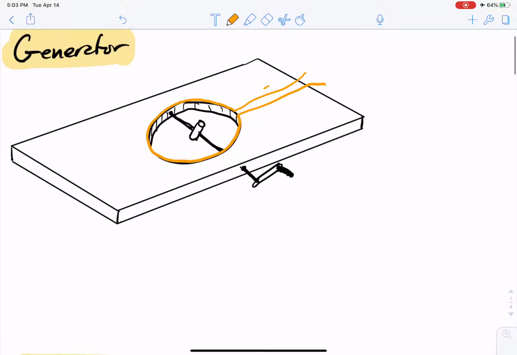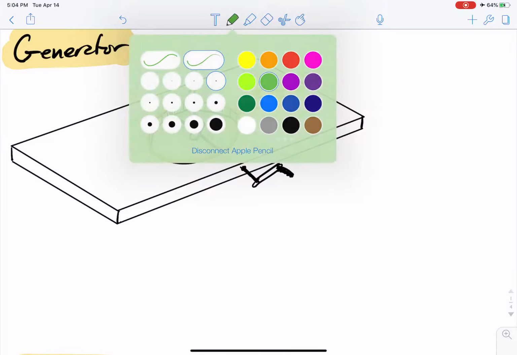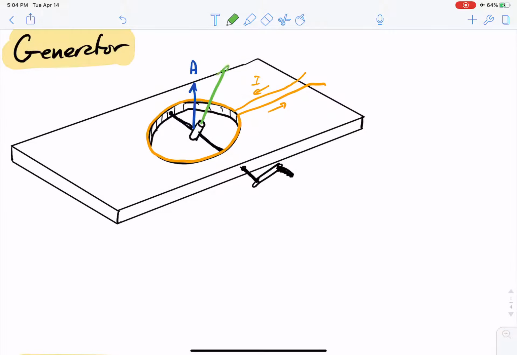Now we want to think of this as the positive direction for current. So we know that the area vector should be pointing up this way, the area of that coil, while the magnetic field is off going this way at some direction.